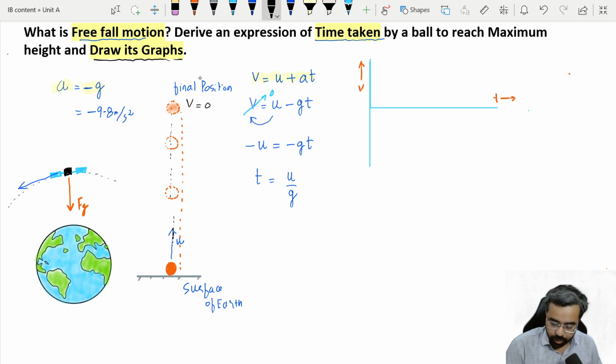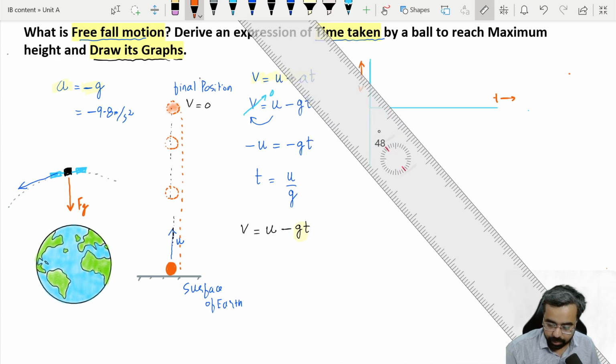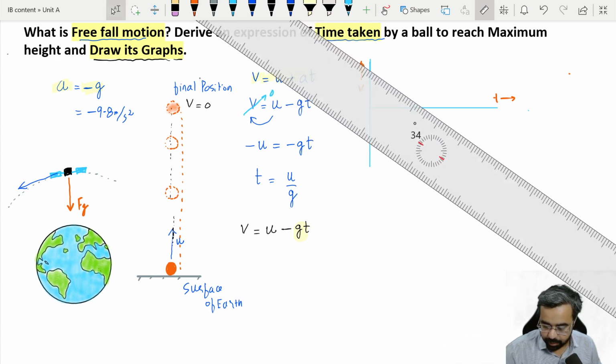Because if you focus on this equation, v equals u plus at, when we put the value of acceleration as negative g, then after every 1 second, or after every regular interval, you can see this gt is a factor that is continuously subtracted from u, which means that we will get a straight line graph, but with decreasing velocity.